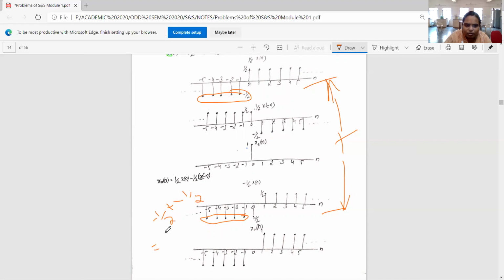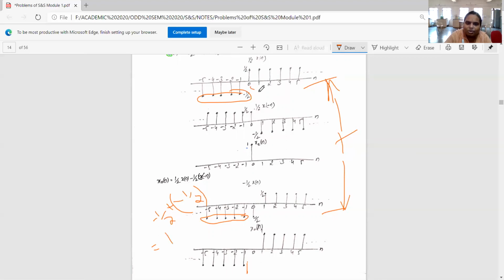You will be getting 1 only. Understanding? Okay. Here it is minus 1 by 2. I told we have to add, because we already added minus 1 by 2 x of n, for that reason minus 1 by 2 we will be getting as 1 only. So the amplitude is going to change to 1 here, from minus 5 to minus 1.